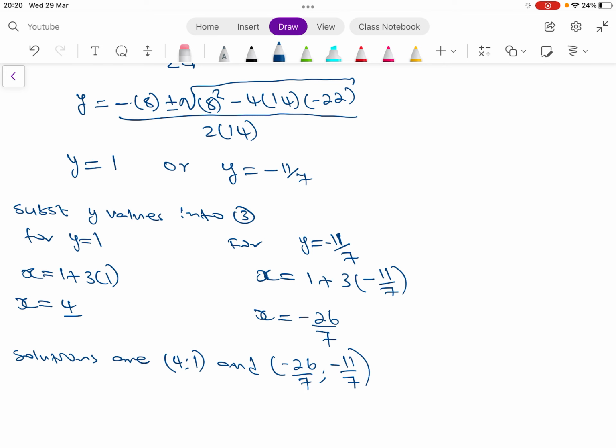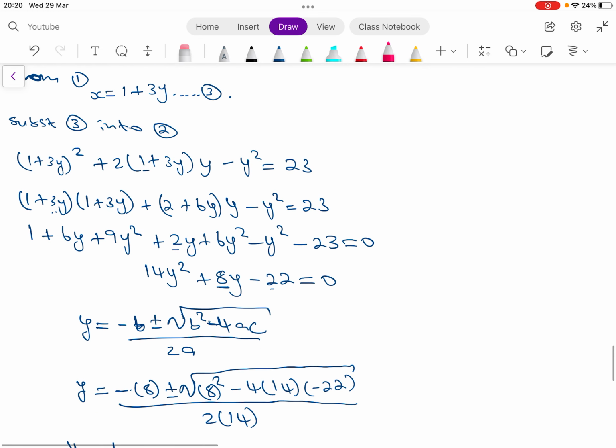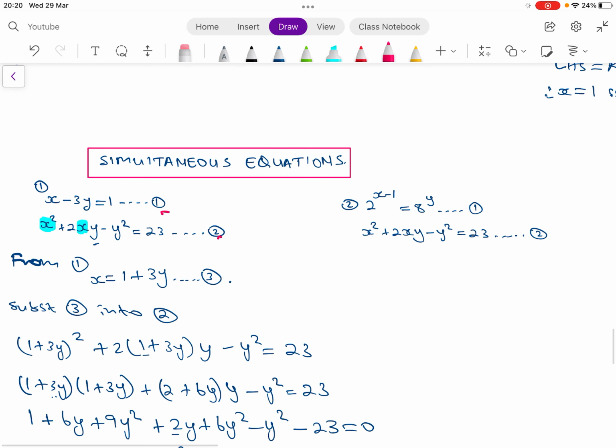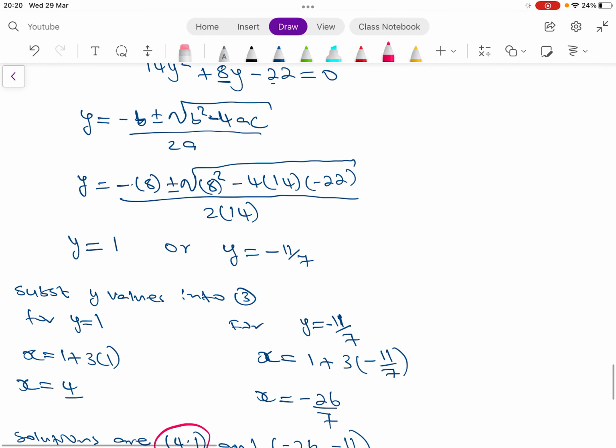So you're gonna take each point, these two coordinates, the x and the y coordinates, and put them into equation 1 as well as equation 2, and check if, when you put this into equation 1 and equation 2 respectively, the left hand side of each equation is equal to the right hand side. If that is the case, that means all the solutions are valid.